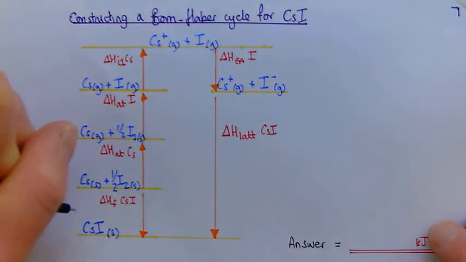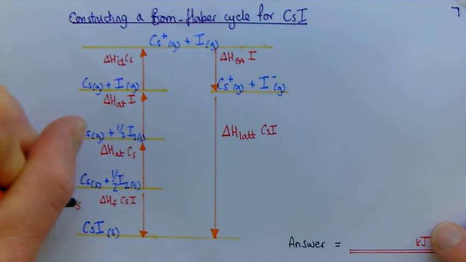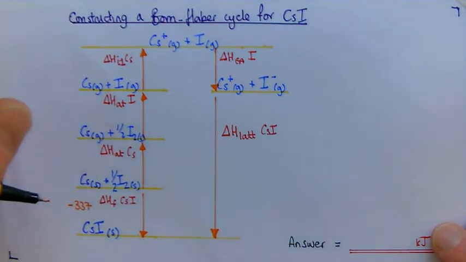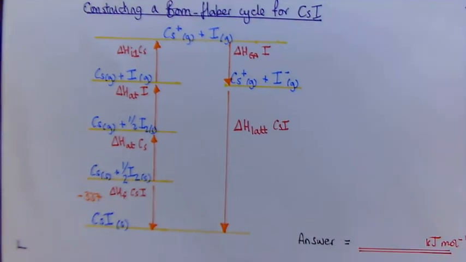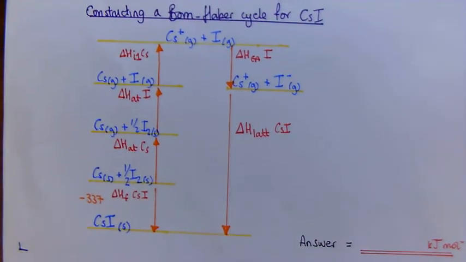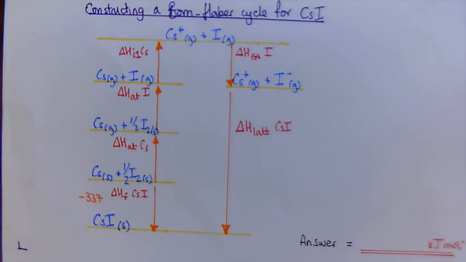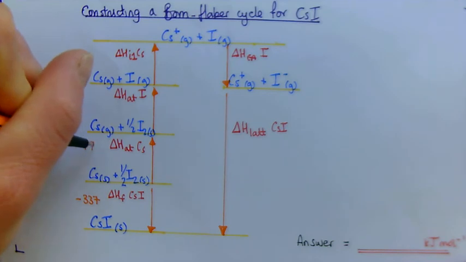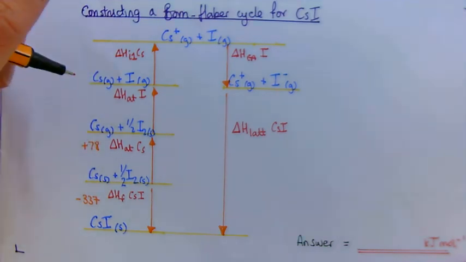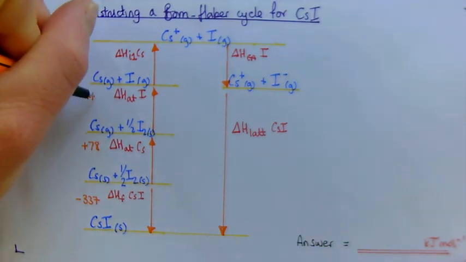The delta H formation here is minus 337. The atomization of cesium is plus 78. The atomization of iodine is plus 107.